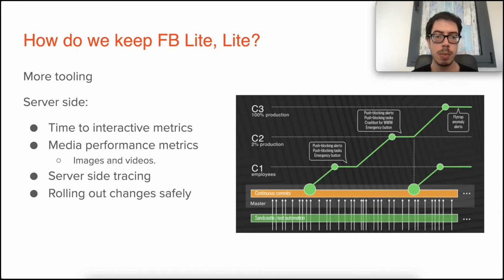We also have media performance metrics, which measure the latency and reliability of loading images and playing videos. We have tooling for server-side tracing. This allows us to know what the server is doing when generating a response to the client, and also allows us to understand, when a regression happens in some metric, what changed on the server side.